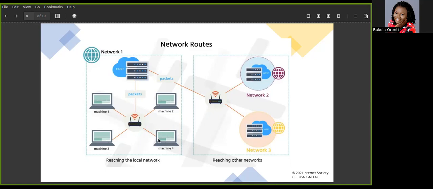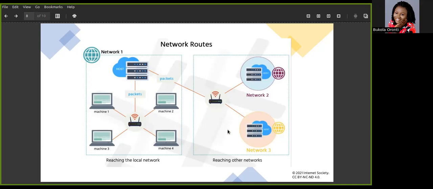So if machine 4 from network 1 needs to send information to network 3, once that data gets through its own border gateway router to the interface that is acting as a gateway for it, and if it's directly connected, it sends it to network 3.